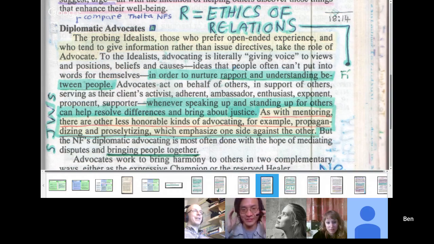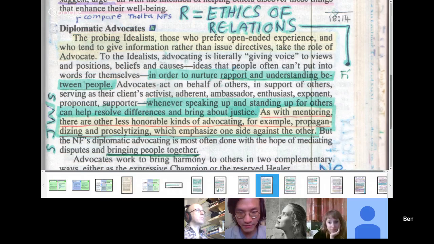The probing idealists, those who prefer open-ended experience and who tend to give information rather than issue directives, take the role of advocate. To the idealist, advocating is literally giving voice to views and positions, belief in causes, ideas that people often can't put into words for themselves, in order to nurture rapport and understanding between people.